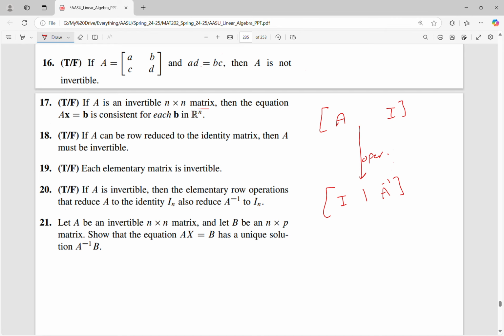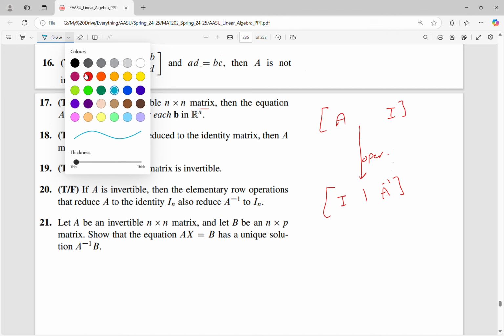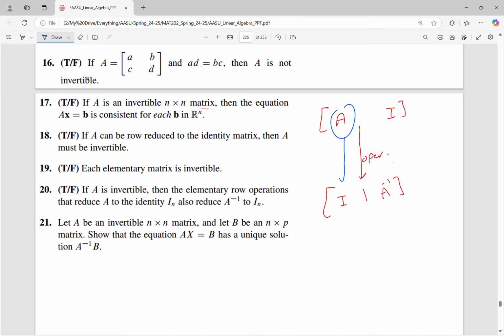So you apply a sequence of row operations from A to I. Now the question says these row operations are the same that reduce A inverse to I_n. So these would be the same row operations that go back from A inverse to I.